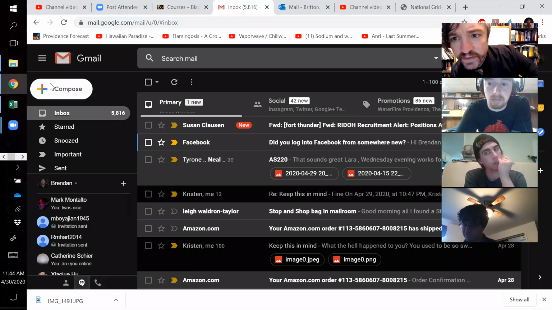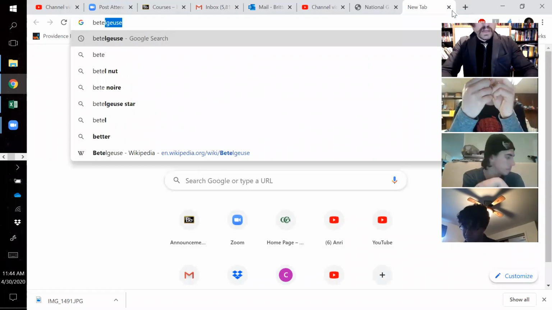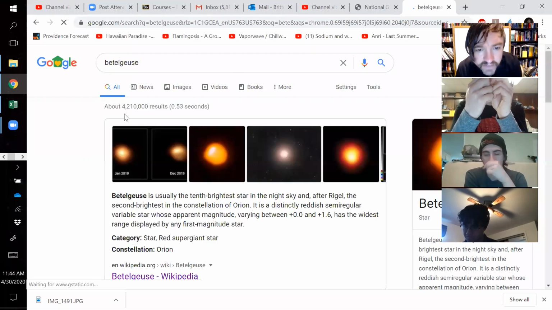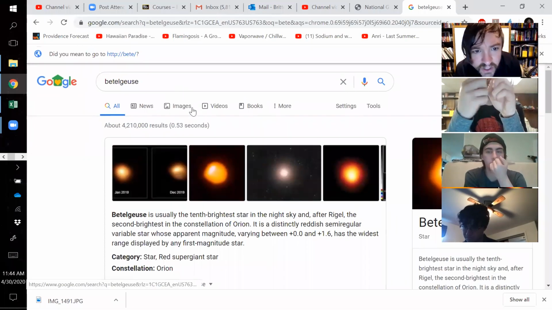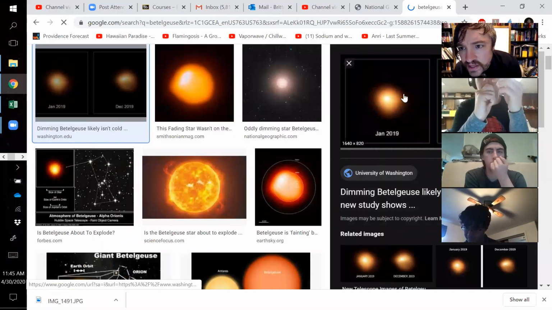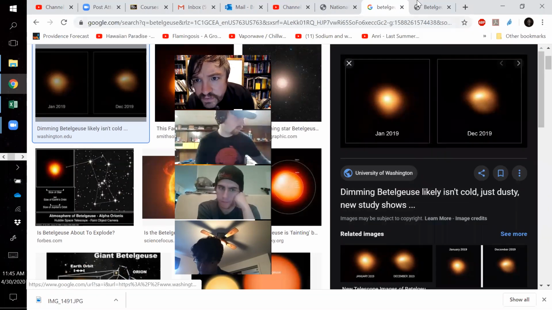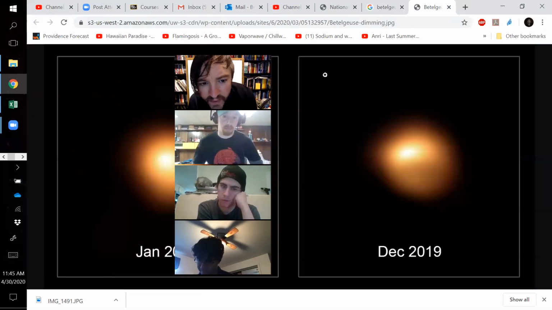And I want to see if we can find the picture here of Betelgeuse. The radio image of it, you could clearly see there was some dark blobs. Yeah, here we go. This is what we want. So this is a side-by-side image from January and December during the dimming.